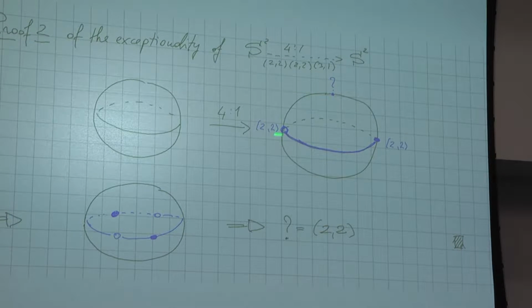So basically this will lift to just a curve. And if you have a curve in the two-sphere, the complement is a union of two disks, and both these disks have 2 black and 2 white vertices. So you only get third partition equal to 2, 2, 2, 2, not 3, 1.